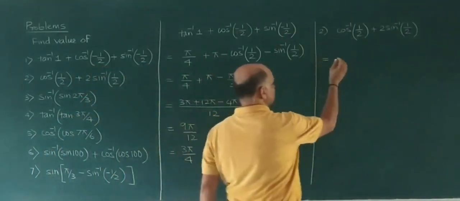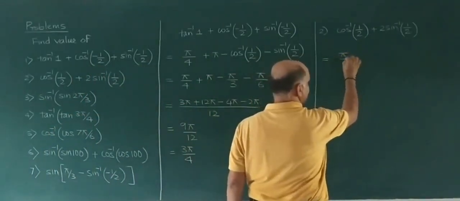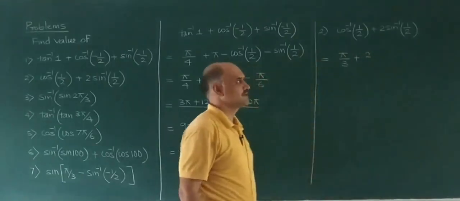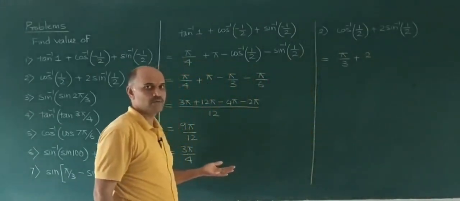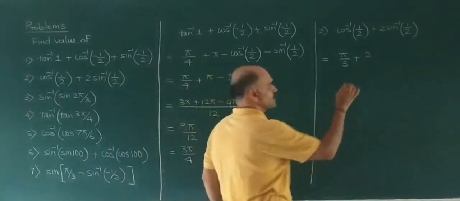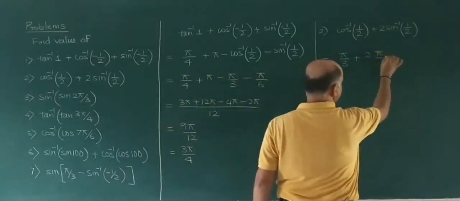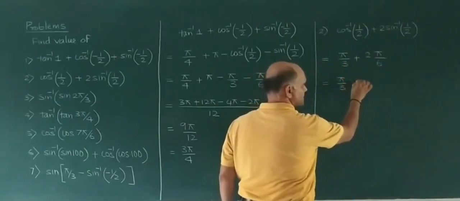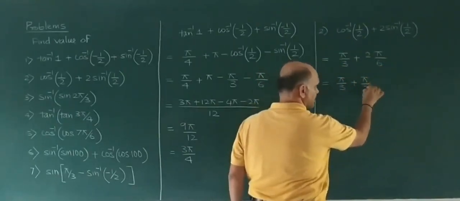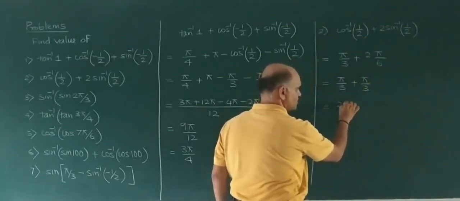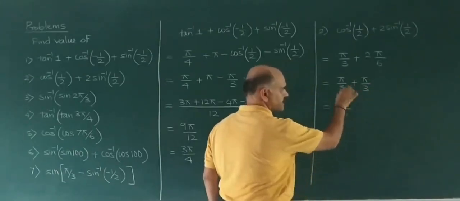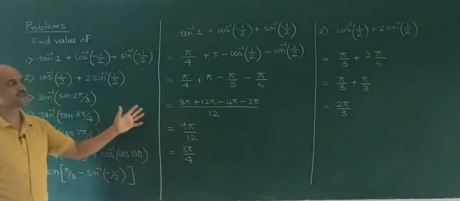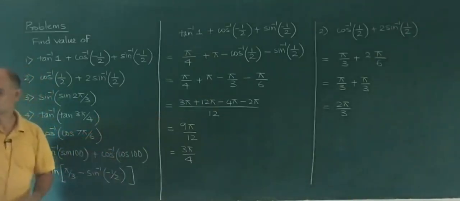So 60 degree means it is pi by 3 plus 2 into. When will be the sin value 1 by 2? At 30 degree. So 30 means pi by 6. So this is nothing but pi by 3 plus pi by 3. So you will have the answer 2 pi by 3. The LCM is the same. If you add, you will be getting 2 pi by 3. So you can pause and solve these 2 problems.